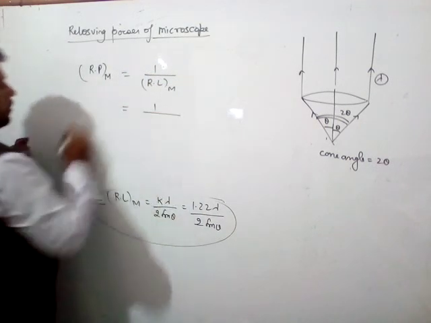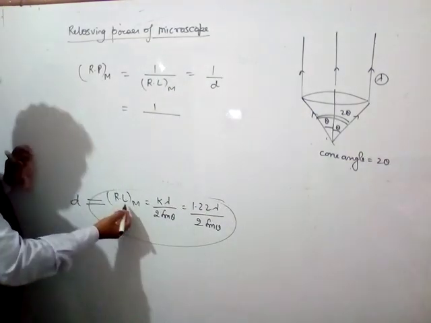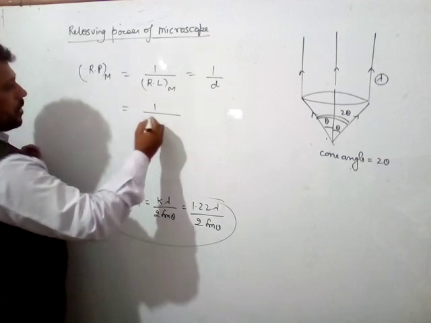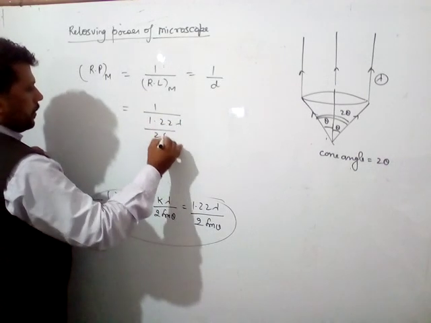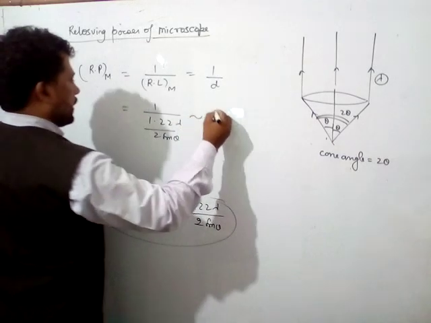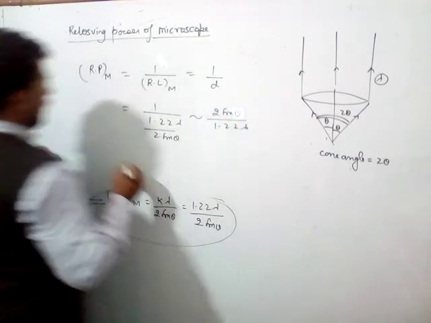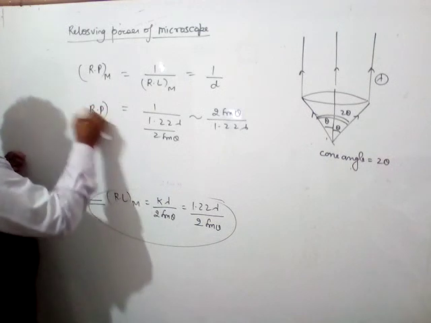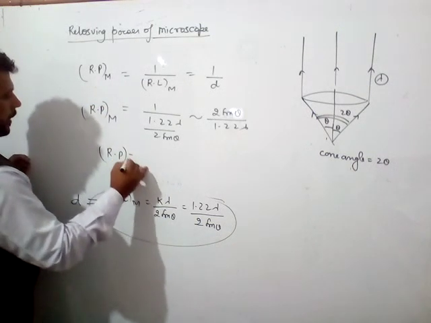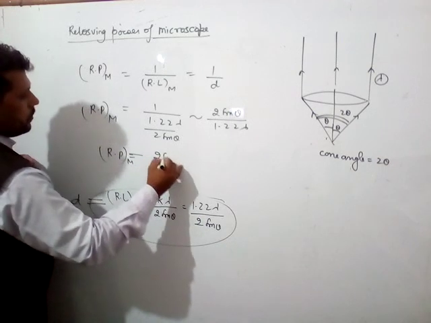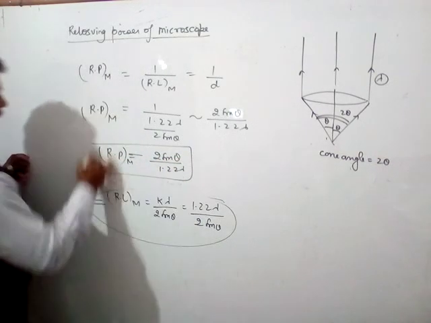So it is equal to 1 upon 1.22 lambda upon 2 sin theta, written as 2 sin theta upon 1.22 lambda. Resolving power of the microscope, RP microscope, is equal to 2 sin theta upon 1.22 lambda.